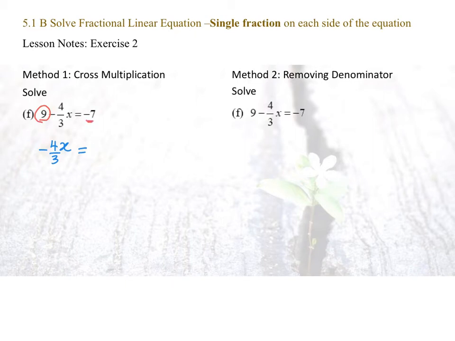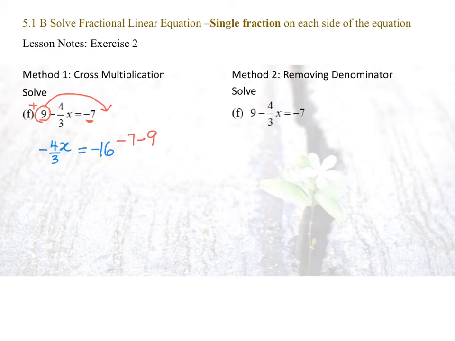So I'm going to group this and migrate over to the right side. Now this is 9 added to negative 4 over 3x, an addition. So when I migrate over, I'm going to undo the operation. I'm going to do a subtraction. That will give me negative 7 subtract 9, which I will have negative 16.